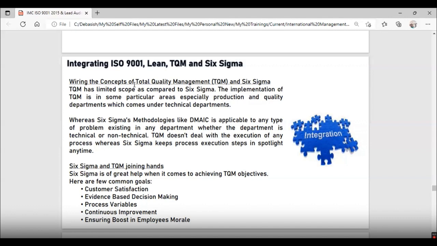Although the methodologies and procedures involved in the two appear quite similar, there are certain major differences. Number one, Six Sigma is a relatively newer concept than total quality management, but not exactly its replacement.